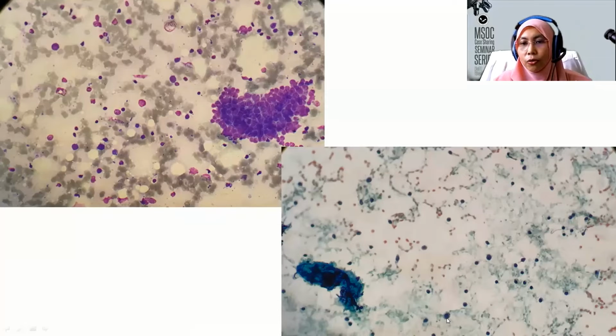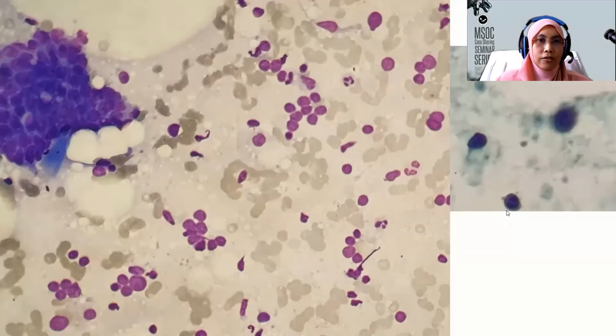Okay, also shows some singly dispersed cells without cytoplasm. It looks like bare nuclei, but larger. Okay, they are larger than usual. Higher magnification. So this is obvious.